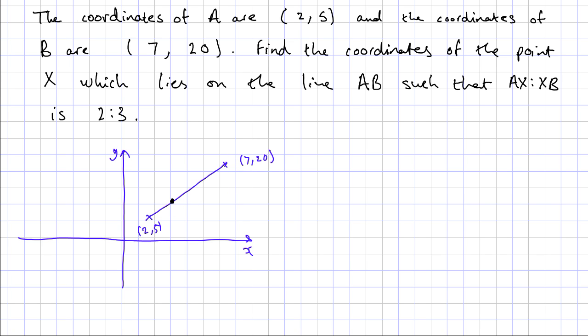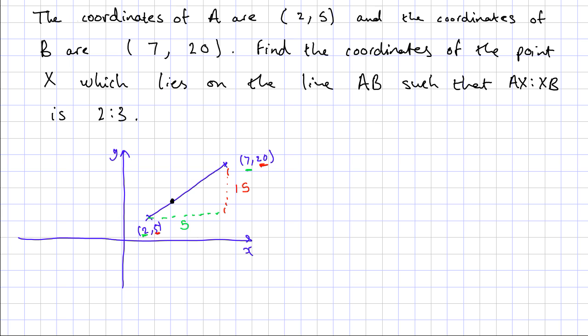So let's do that. So the distance in X from this point to the other point is from 2 to 7, so this must be 5. Now the difference in Y, so if I go up this way like that, I have from 5 to 20, so this length here must be 15.